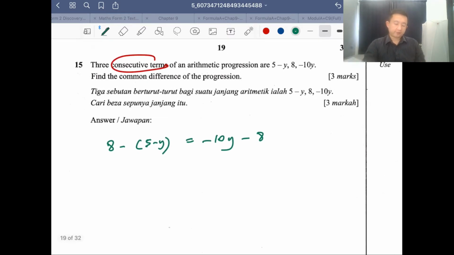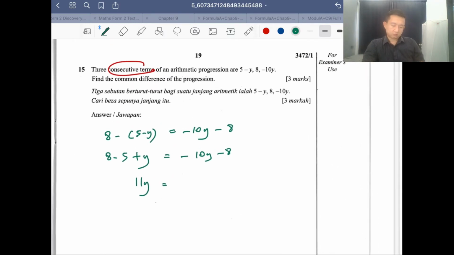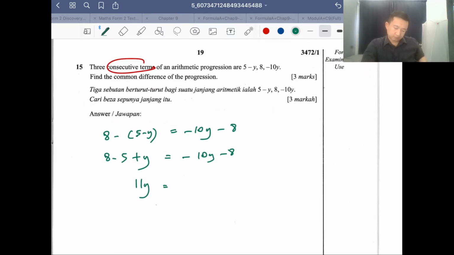Okay, this is what we have. y equals to -1, right?